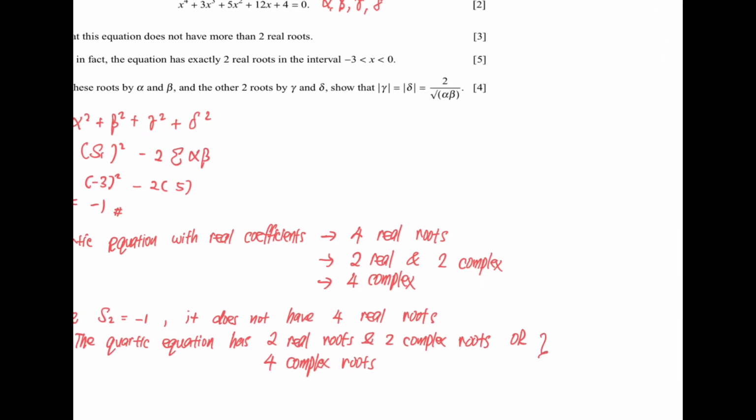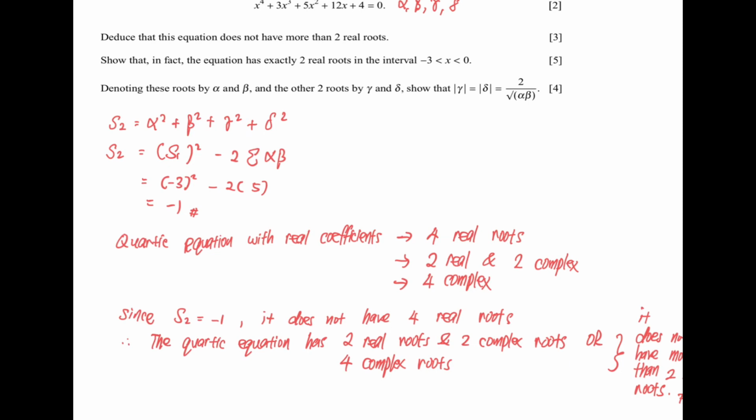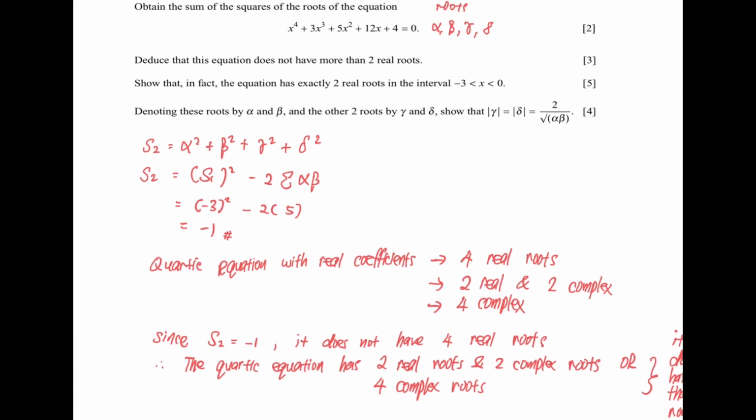So combining these 2 results, it means it does not have more than 2 real roots. As you can see here, 2 real roots or no real roots. So we can just generalize it and say that it does not have more than 2 real roots. So this is the second part.